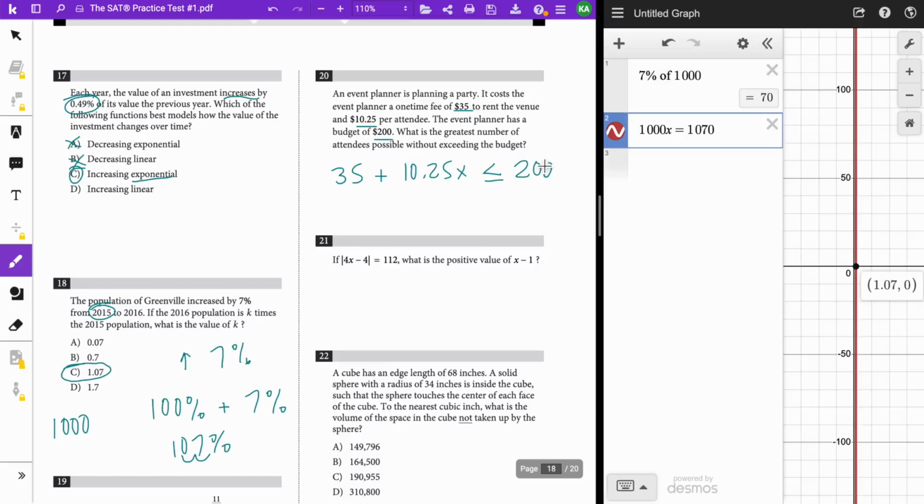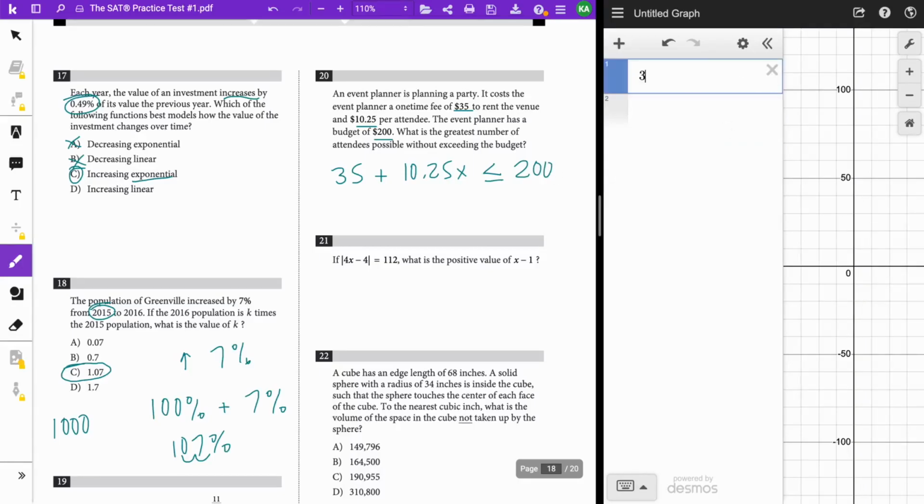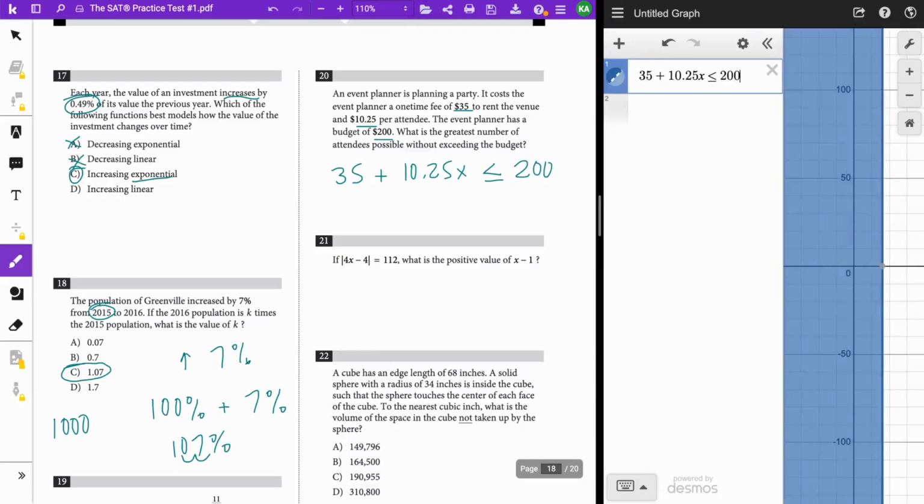That's their budget. And we should be able to just put this into Desmos. So let's see if we can solve it using this calculator. Less than or equal to, so you could type in shift and then the less than button, and then you could just hit equals right after it like that, 200, and so we could see this nice shaded area, and the maximum amount is this X value here, 16.098.